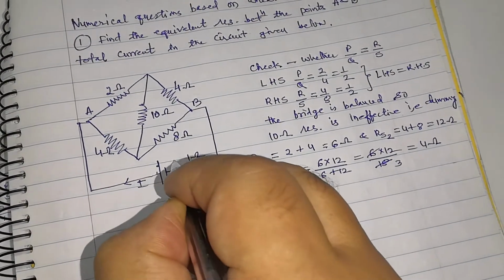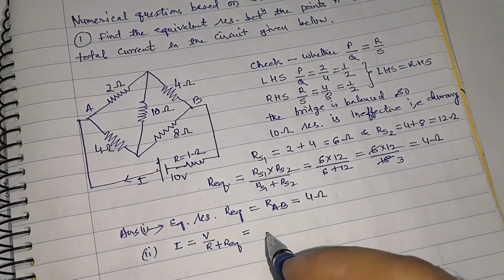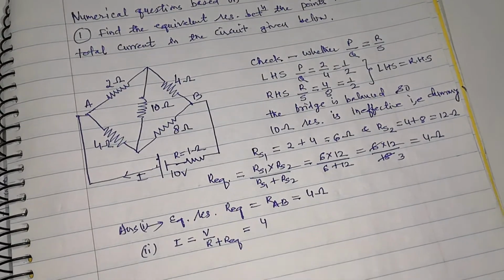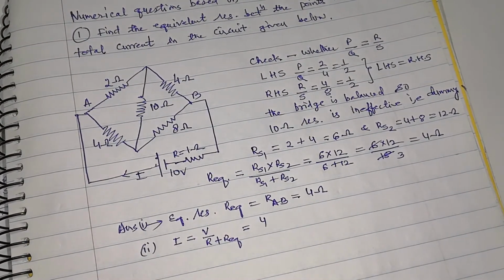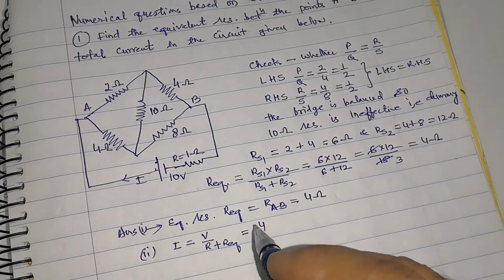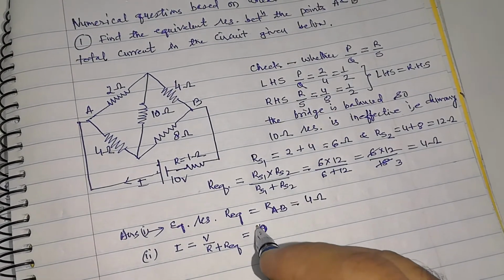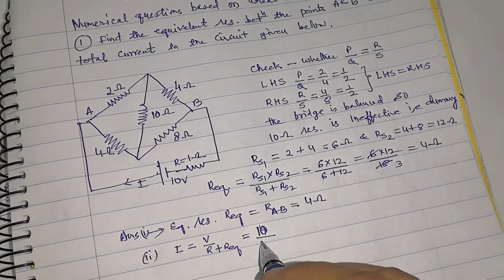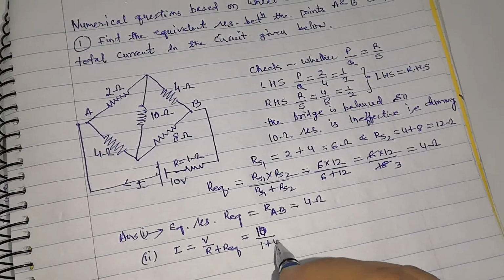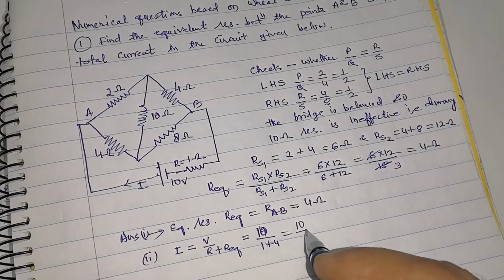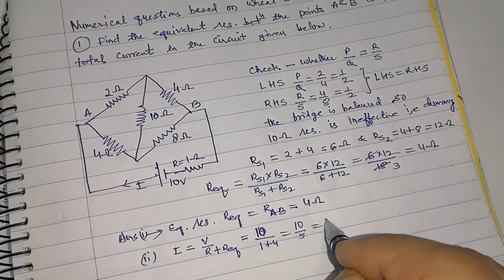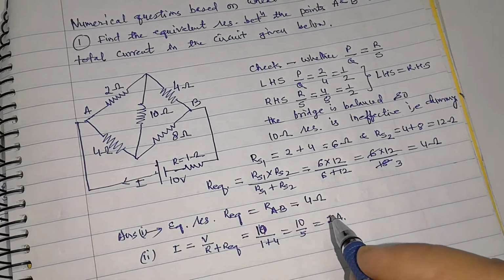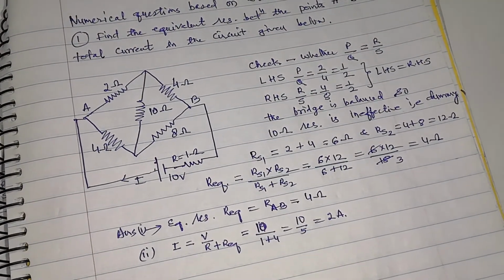This is the resistance R. So it will be 10 volt by 1 plus 4, that is 10 by 5. So the second answer is that 2 ampere current would flow through the circuit.